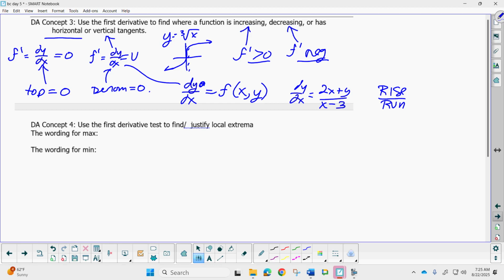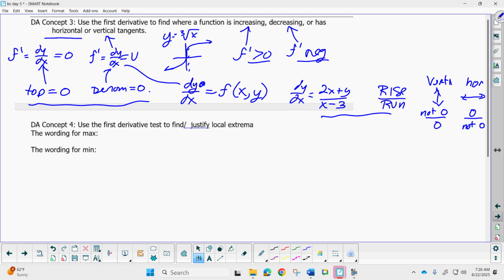I don't want you to memorize this stuff when you get to this. If I wanted to know where this is vertical, it'd be vertical if I had rise but no run. So I would be looking for cases where I had a 0 in the denominator. If I wanted a horizontal tangent, I would be looking for cases where there is no rise but there is run, and I'd be looking for a 0 in the numerator. Right? Keep that in mind.